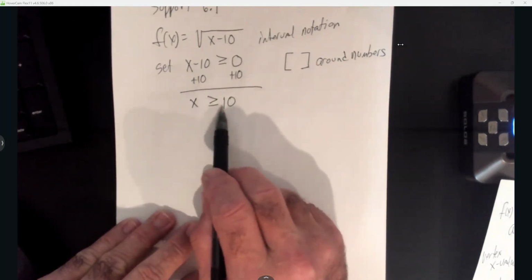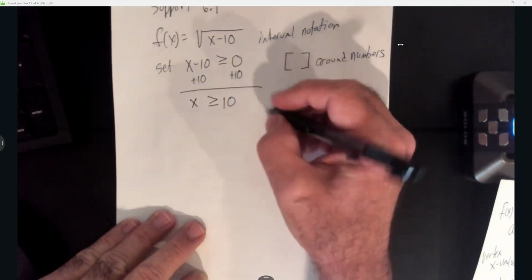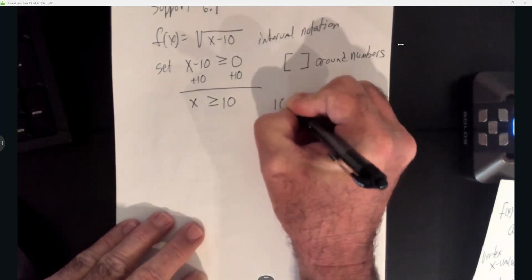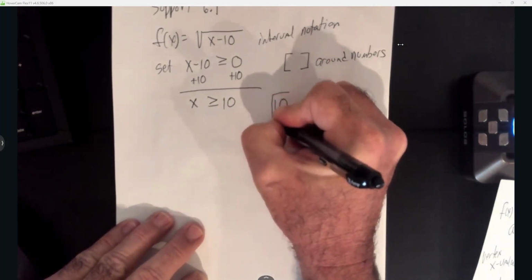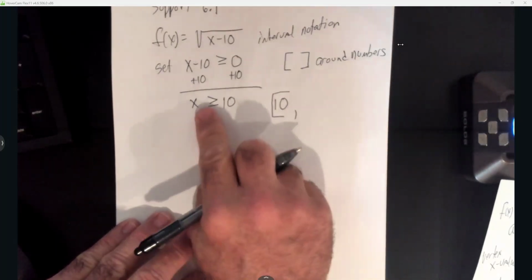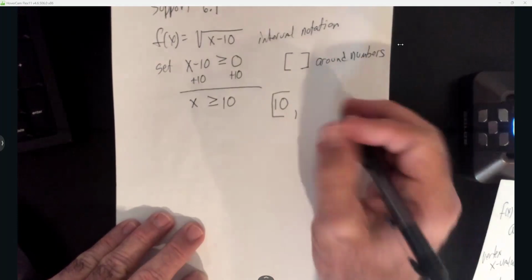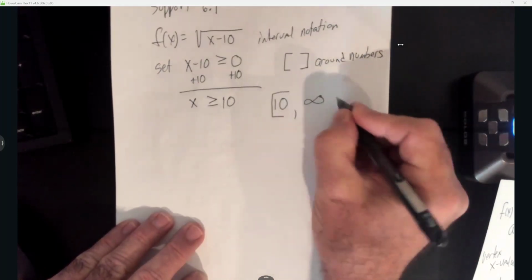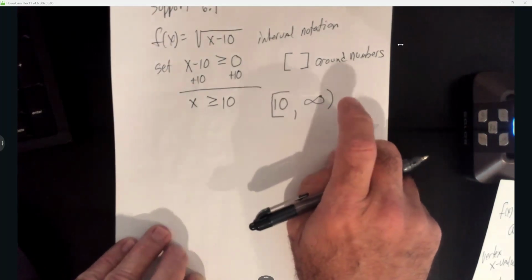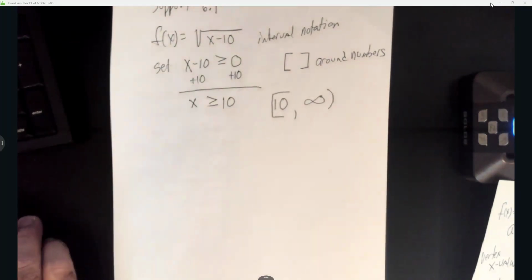Now, x is going to be greater than 10, so 10 would be the starting point, and you would have the bracket around it. And then greater than 10 means you're heading off towards positive infinity. And infinity always has the curves around it.